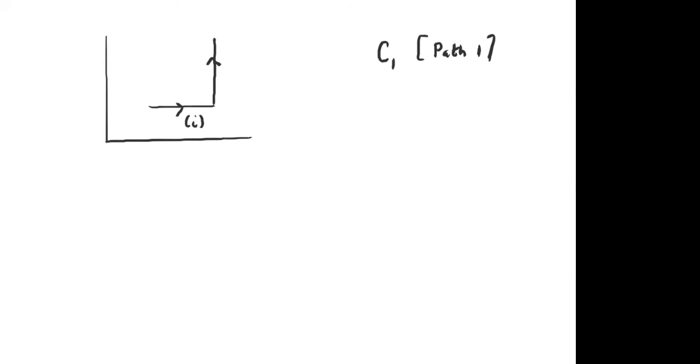One I called I and one I called double I. This is x equals 1. This is x equals 2. This is y equals 1. And this is y equals 2.